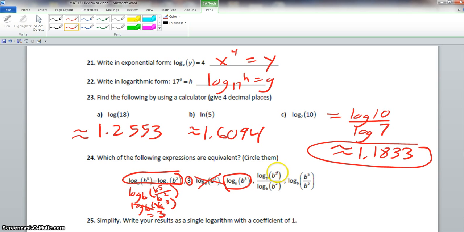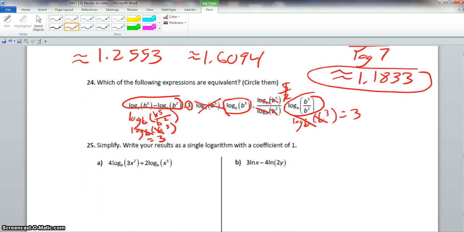Log b of b to the fifth will simplify out and leave you 5. Log b of b squared will leave you 2. And we know 5 halves would not work. So that's gone as well. Now we get here, log b of b to the fifth over b squared. This will give you log b of b to the third, and these will simplify out and give you 3. So this is another one. So it's actually these 4 that are equivalent.